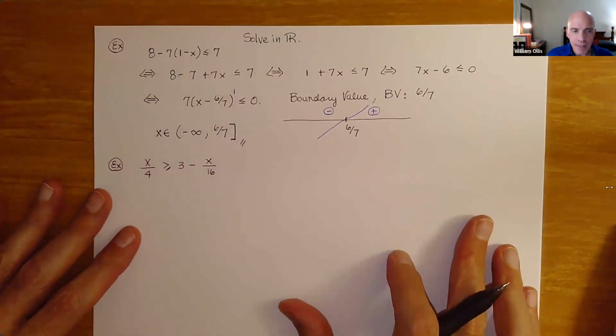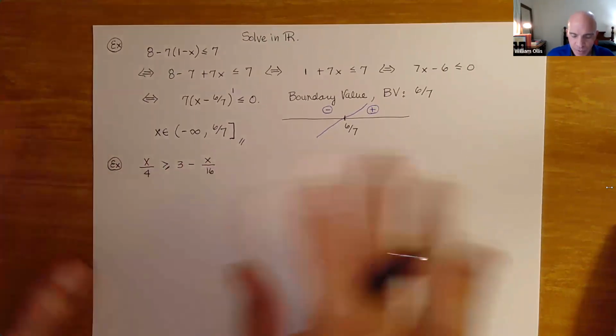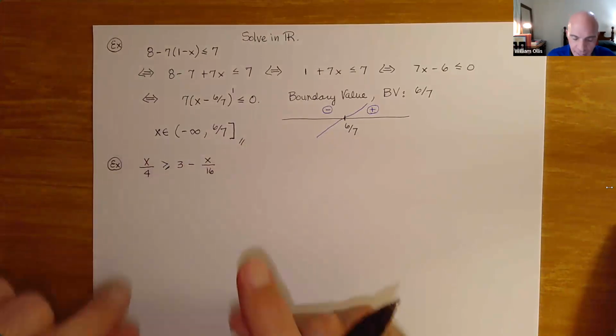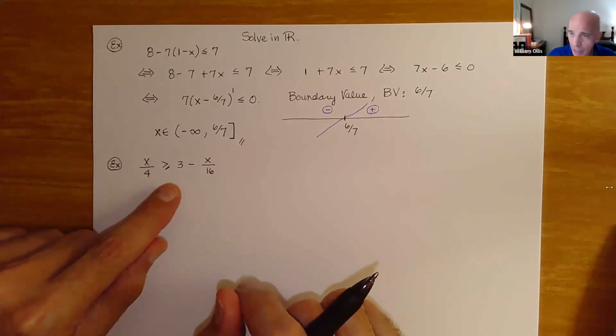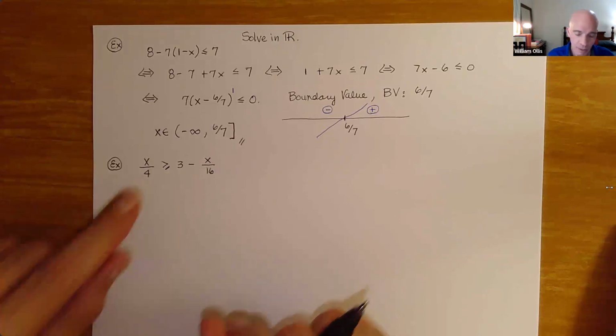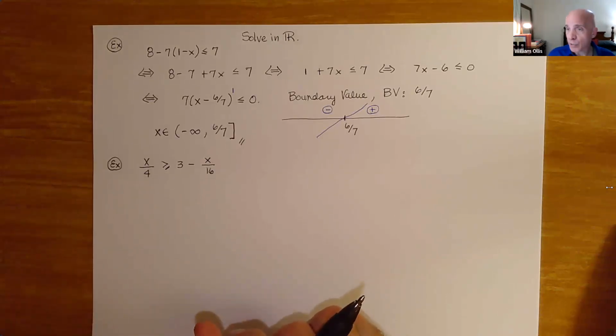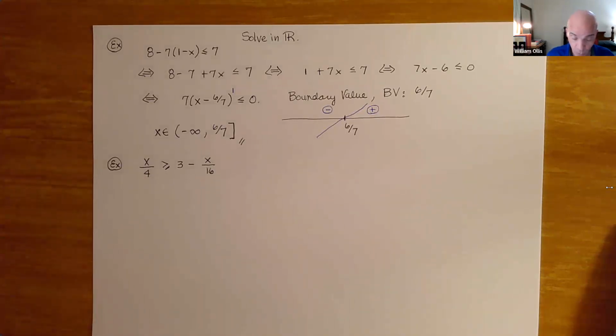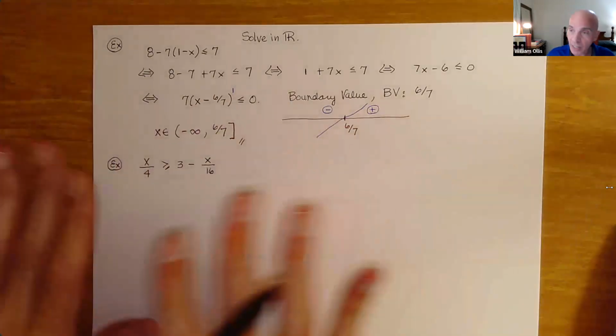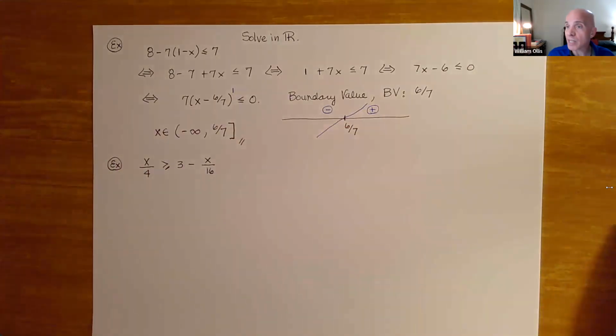Now, when we look at this, what comes to mind is what we do when we talk about solving equations. Usually what we like to do is clear denominators. And so there's nothing any different when we look at inequalities. That is, when we think of it that way, we can go ahead and clear the denominators, maybe to simplify.